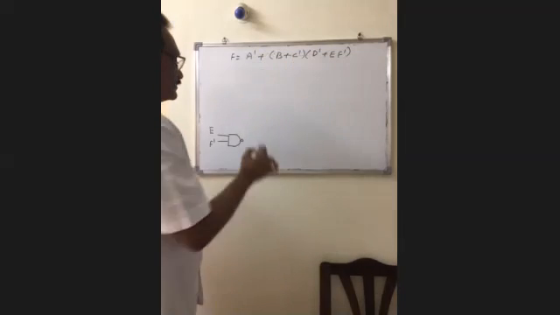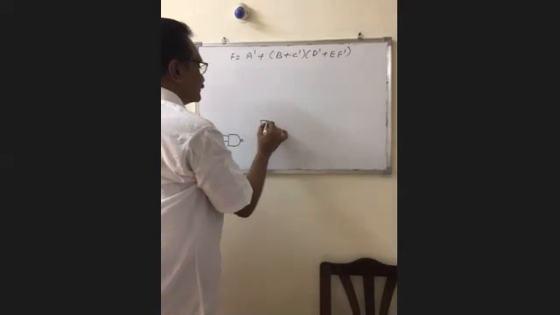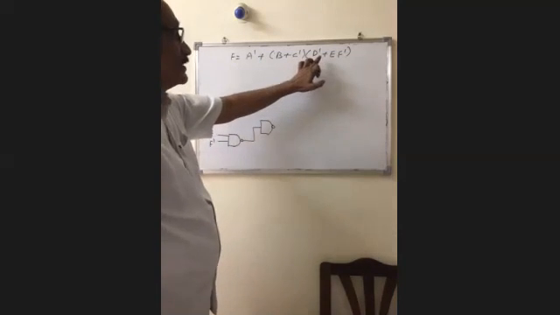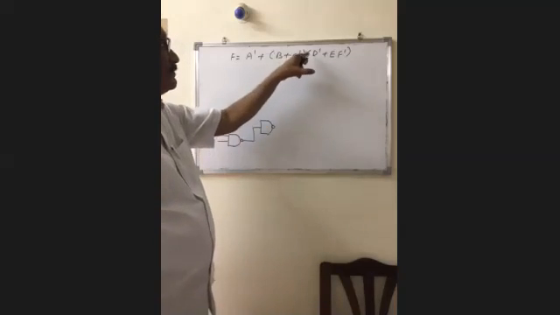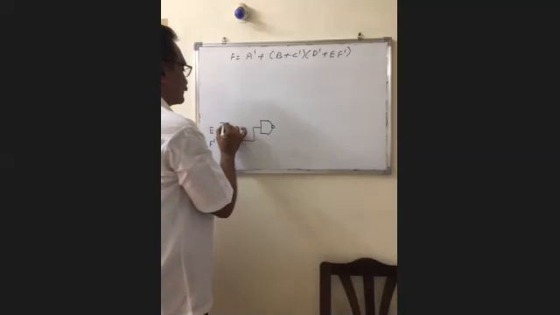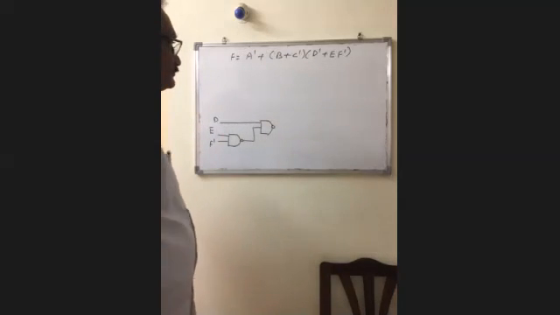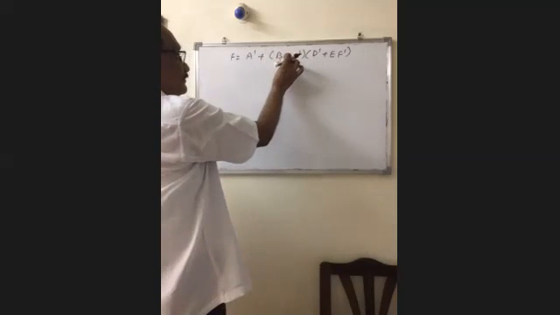Next, for that sum, you have to connect one more NAND gate. This is the sum term, so by using NAND, you have to connect the complement of that one. So connect D, not D dash. Next, B plus C dash is the sum term.